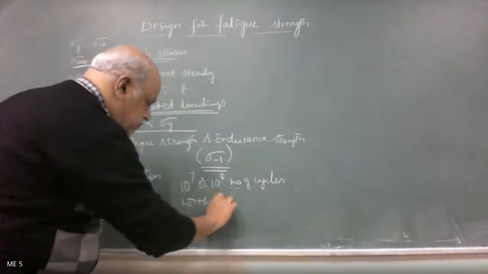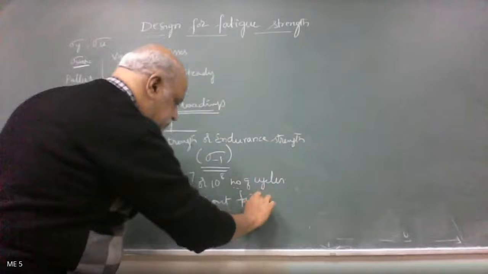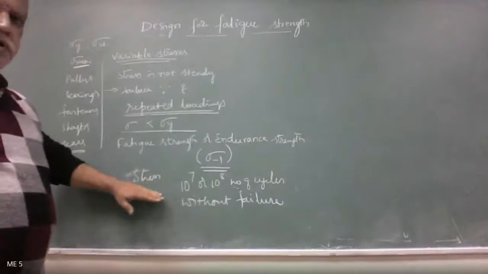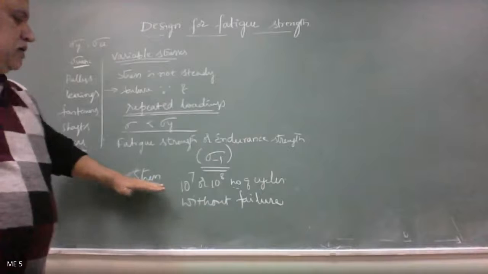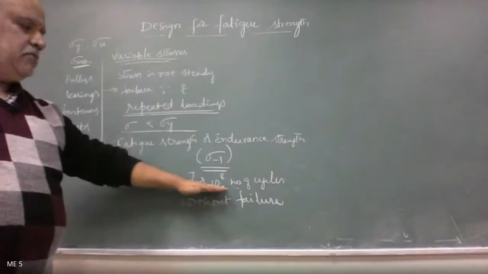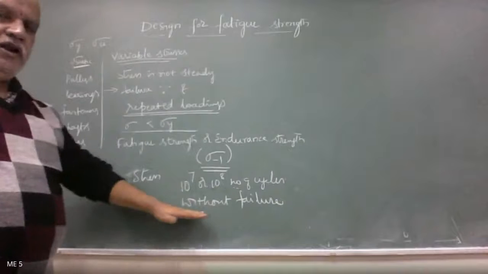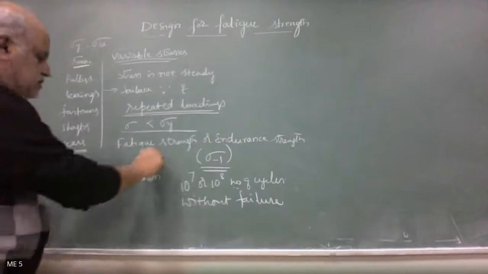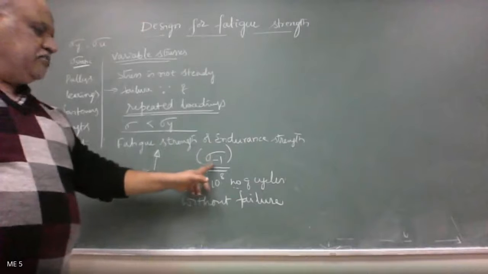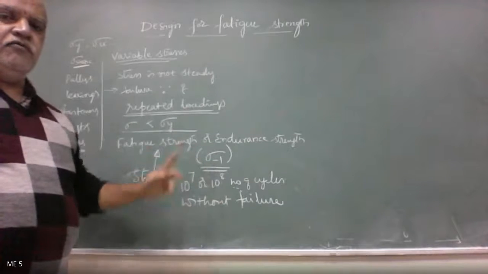That is very, very important. That is the stress at which the component can withstand 10 power 7 or 10 power 8 number of cycles without failure. That stress is called fatigue stress or endurance stress, denoted by sigma minus 1.